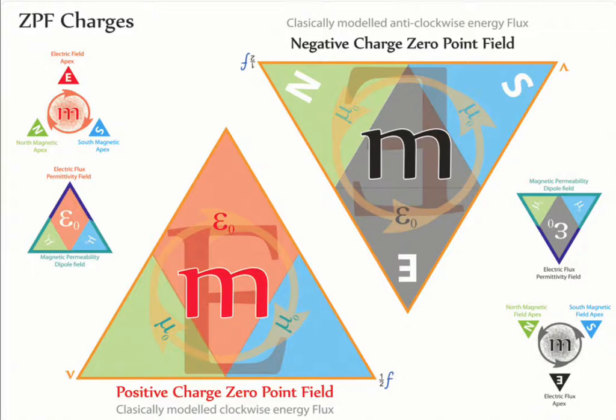As you can see here, the equilateral triangles of energy have a faint superpositioned rotational vector in the illustration. In the case of positive charges, they rotate clockwise, and in the case of negative charges, they rotate anti-clockwise.